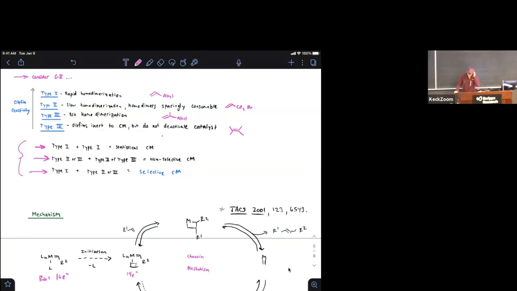When you try to cross type 2 and type 2, and this looks like a typo, maybe it's type 2, type 2, type 2, type 3, then you get non-selective. But you can get selective cross metathesis when you pair a type 1 olefin with a type 2 or type 3 olefin. So what does that mean in practice?